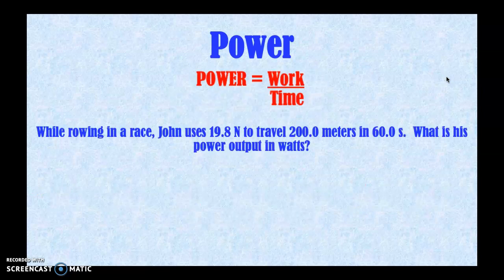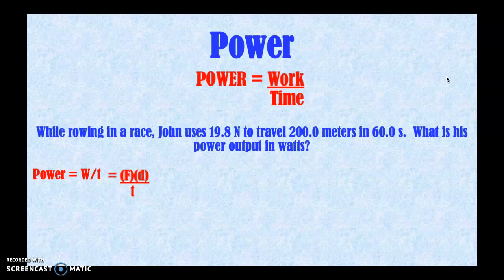So again, we will just work a little practice problem here. John is going to row in a race. He's going to use 19.8 newtons to travel 200 meters. He's going to do it in 60 seconds. So we apply our equation, power equals W divided by T. Now remember, how do we calculate work? Work is force times distance.